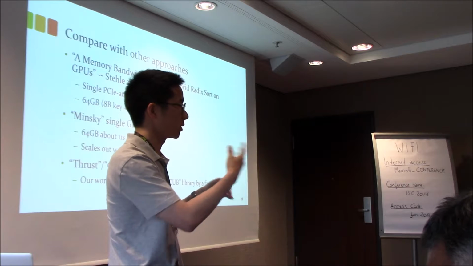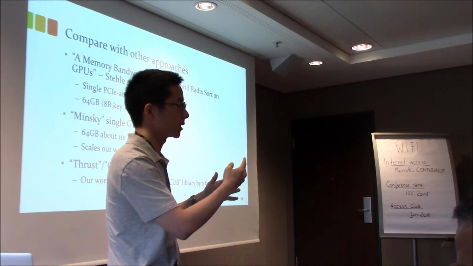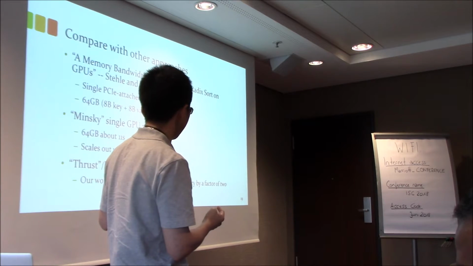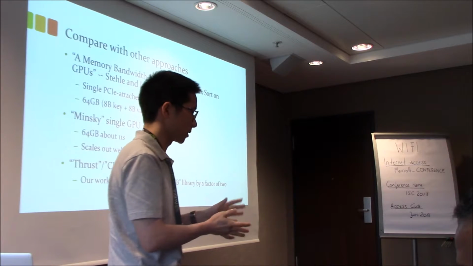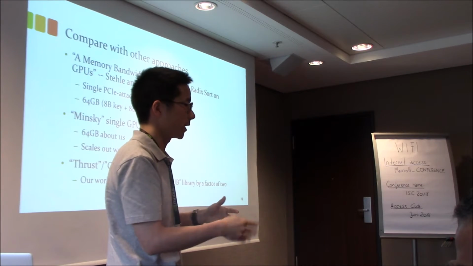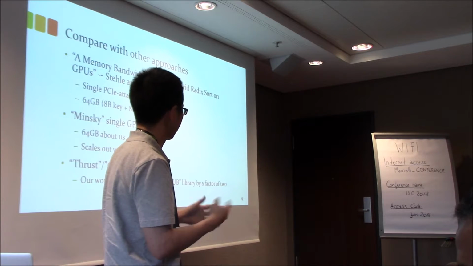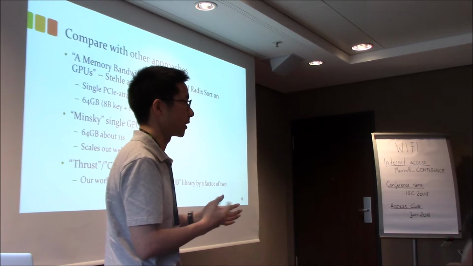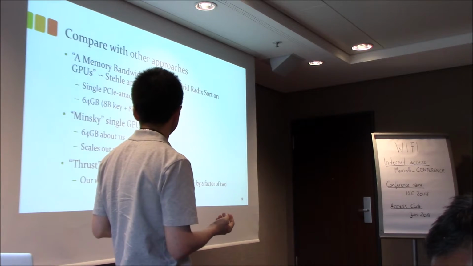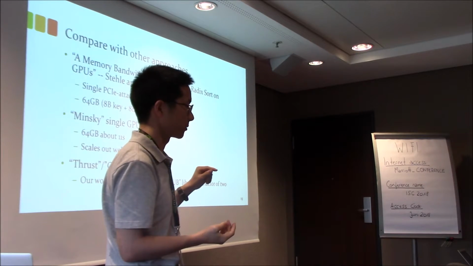But we are doing the reverse. Our input data is the reverse. But we tried to hack the data set to follow their scheme, and we still got roughly a factor of 2 faster than the Thrust and CUB library results.